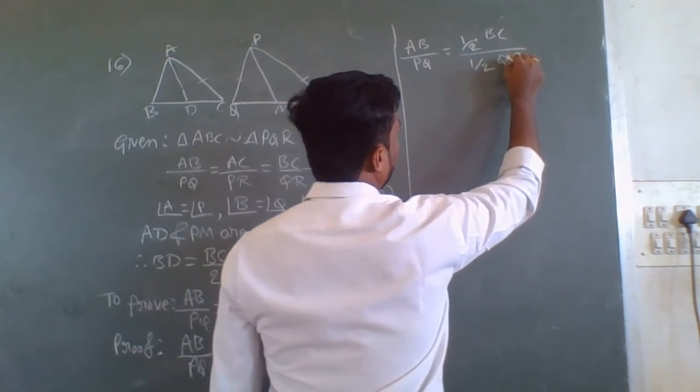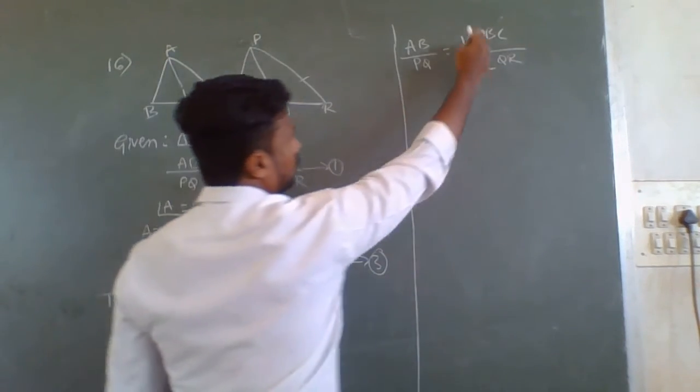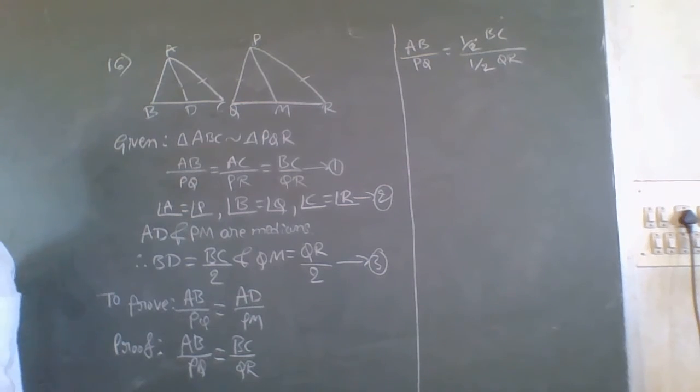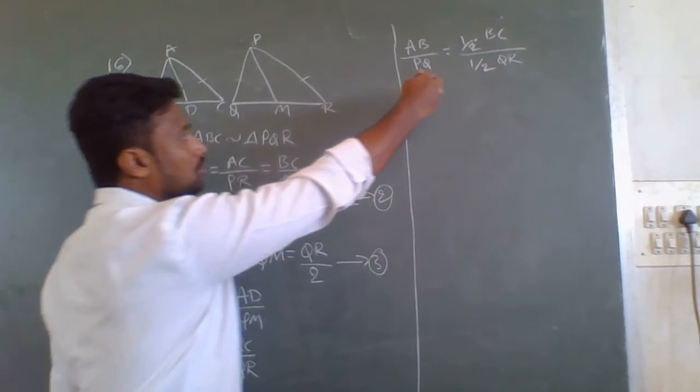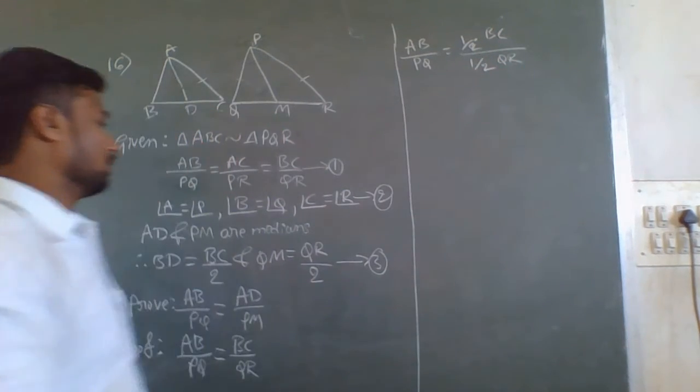What I did here is multiply 1 by 2 to both sides. If you divide, what do you get? The same answer, BC by QR. So there is no change. Therefore, AB by PQ is equal to 1 by 2 into BC divided by 1 by 2 into QR.